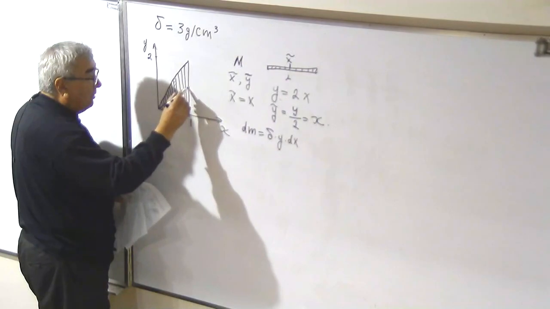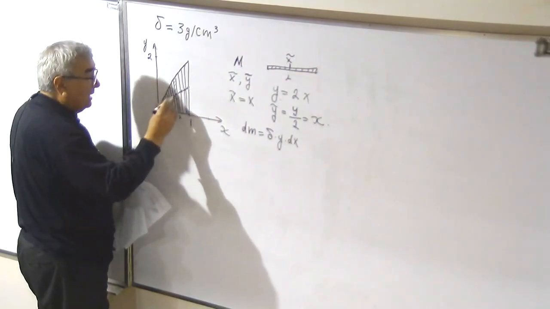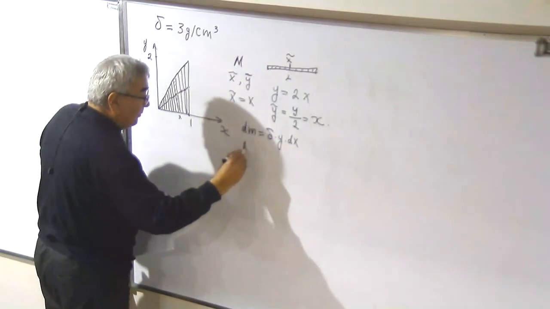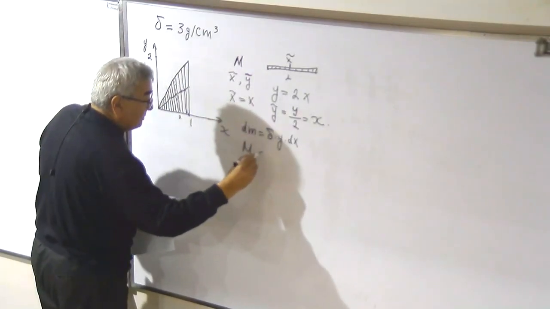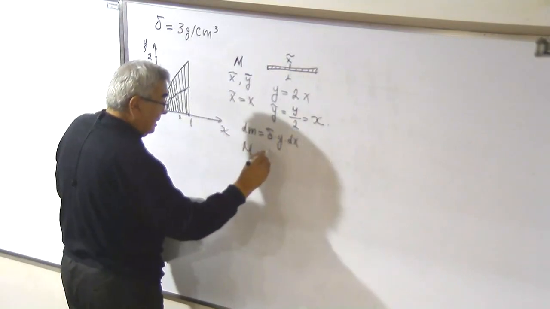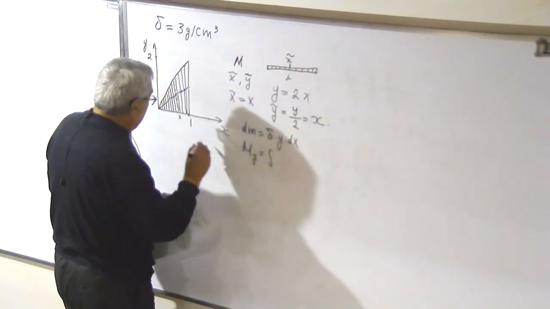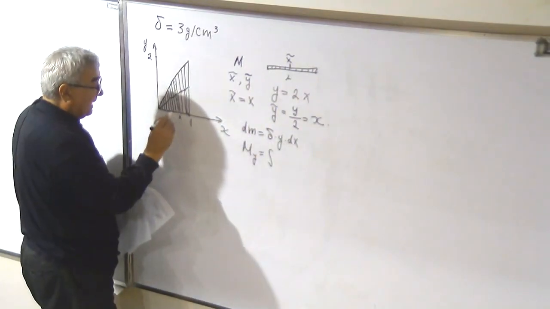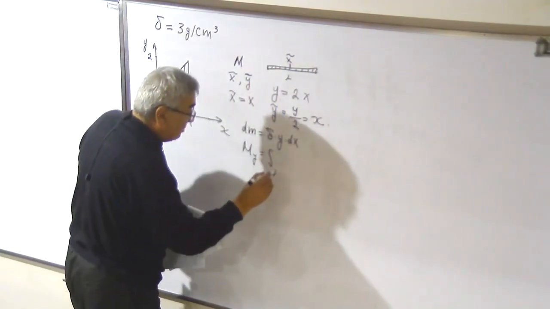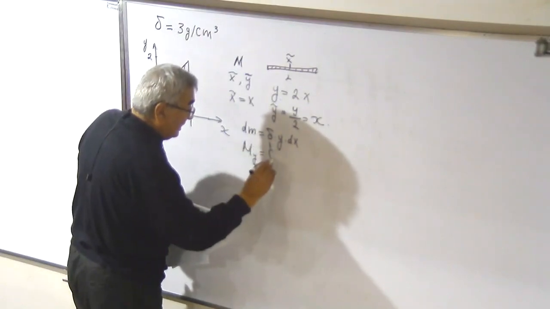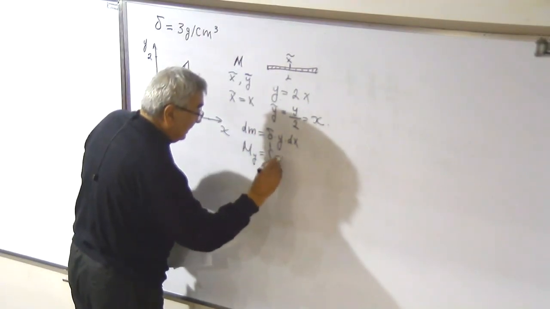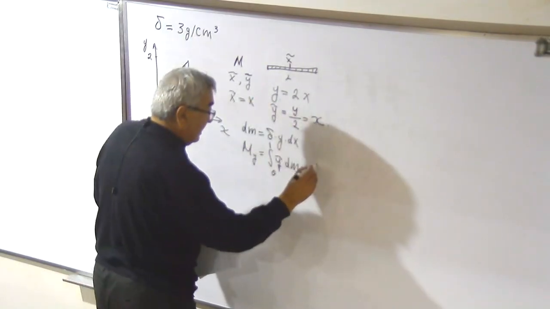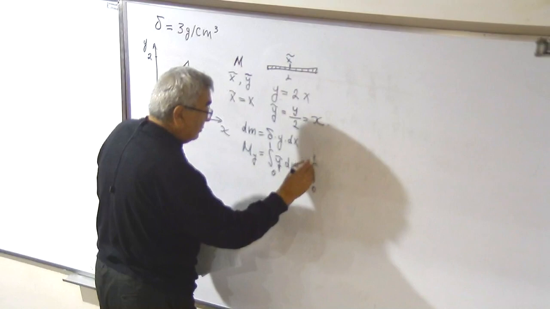I will take the integrations. That means My should be equal to the integral from, because we perform the integration over x, from 0 to 1, of y tilde dm, which is equal to the integral from 0 to 1.